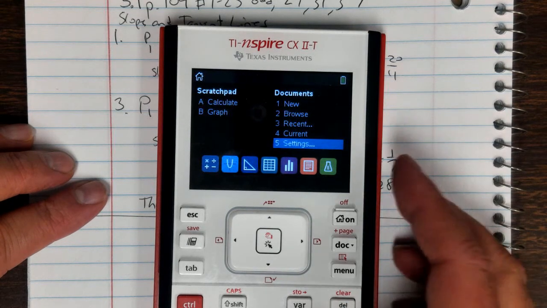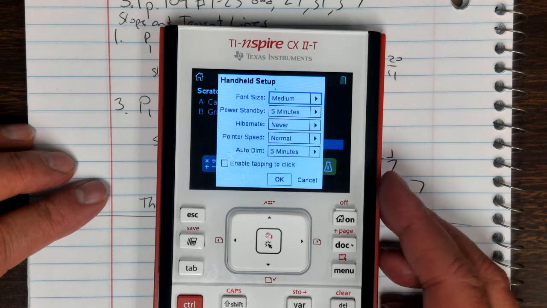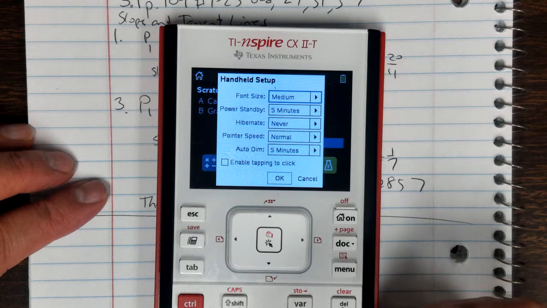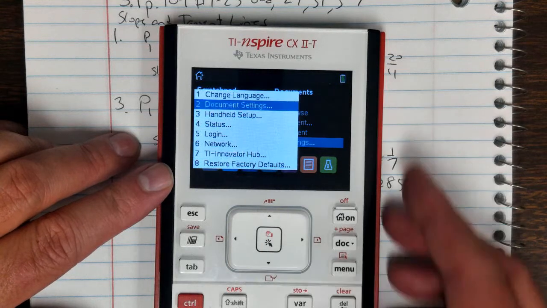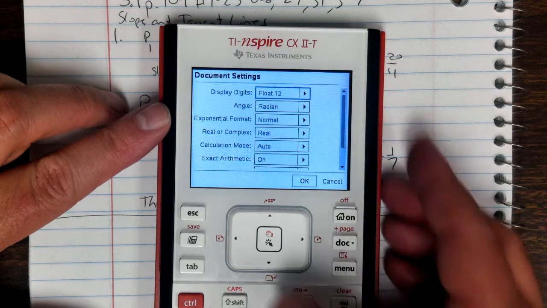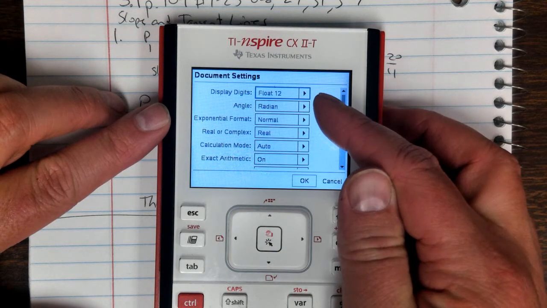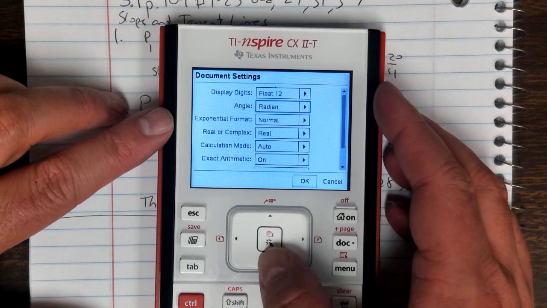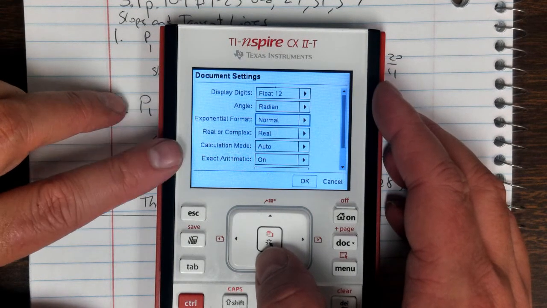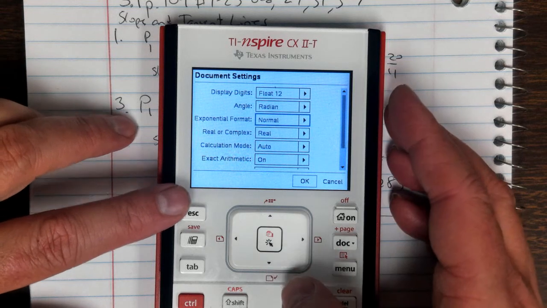So that's the settings I want. So there it is, medium font and so forth. The other setting I wanted to remind you of on your document settings is to put this as float 12. Just keep everything else how it normally is with radian, normal, real, auto, on, etc.